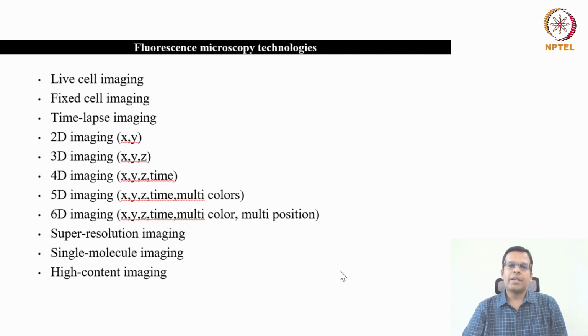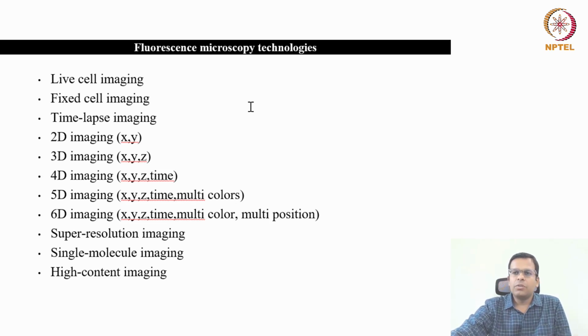Now there are various technologies available for fluorescence microscopy, such as live cell imaging, fixed cell imaging, time-lapse imaging, 2D imaging, 3D, 4D, 5D, and 6D imaging, super resolution imaging, single molecule imaging, and high content imaging. So it is very important for you to understand when and where to use the right technology.